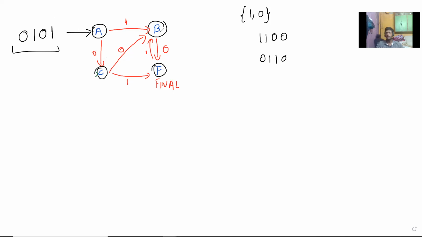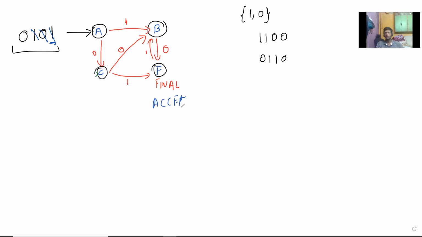We go to state B. When this word is read, we go to state B. Now if you read the digit 0, then you go to F. Now when you read the digit 1, the arrow tells you to go back to state B. Again, when you read 0, you go to the final state, the accepting state.